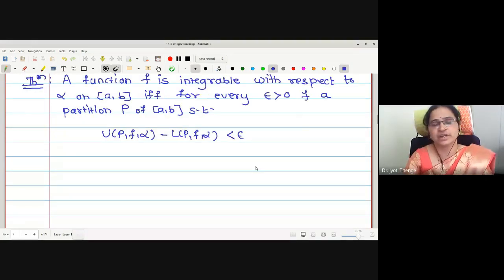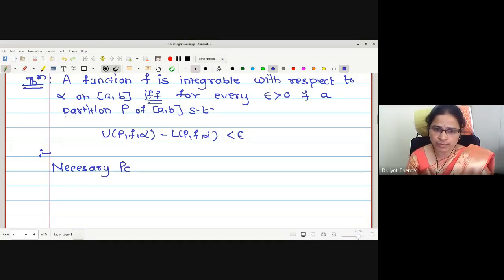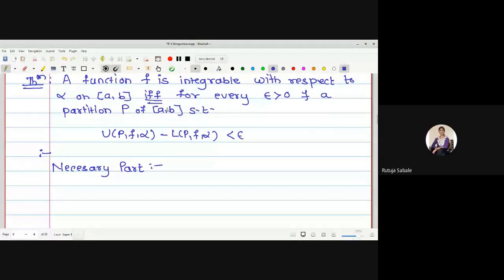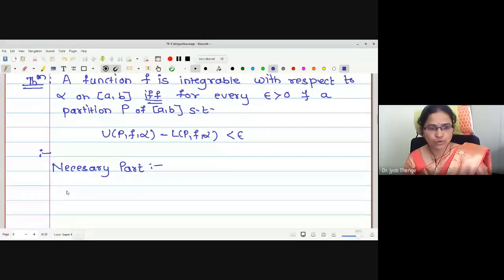As it is the condition of integrability, an if and only if theorem, we have to prove the result in two parts. First, we will prove the necessary part. In the necessary part, what will be my assumption and what to prove? Should I assume the condition and prove integrability? Good.